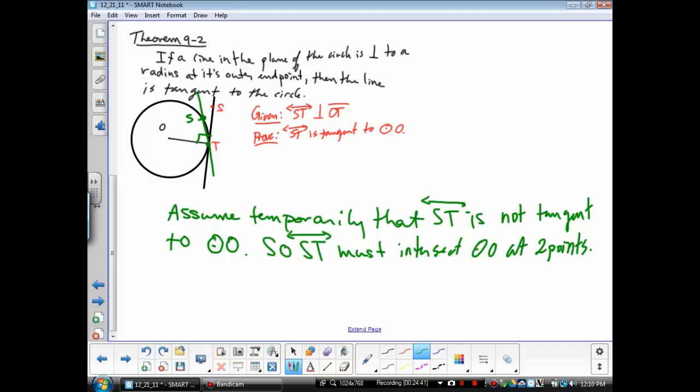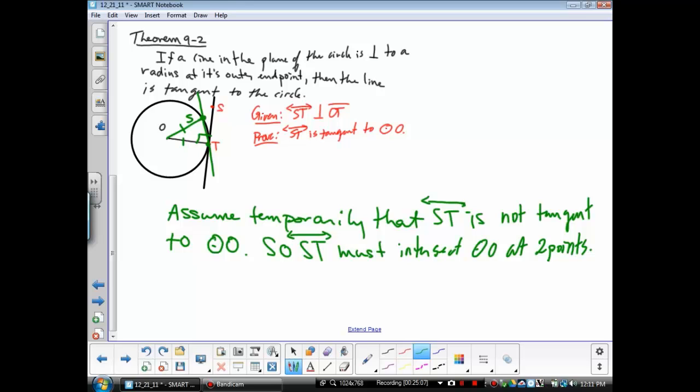Now I know that OT is perpendicular to ST, that's given. So this is a 90-degree angle. If I draw a segment from O to S, I have an isosceles triangle. What do you know about the base angles of an isosceles triangle? They're equal. So since angle OTS is 90, then angle OST will have to be 90.